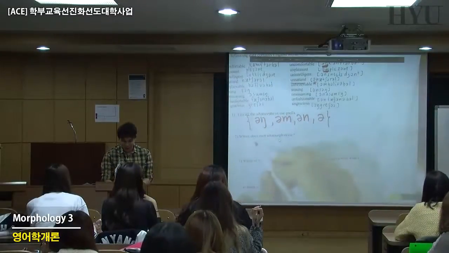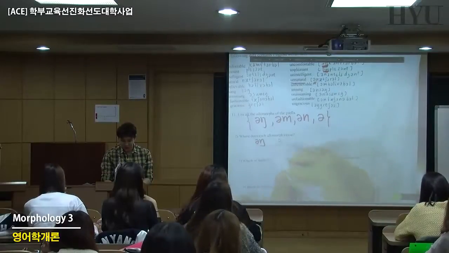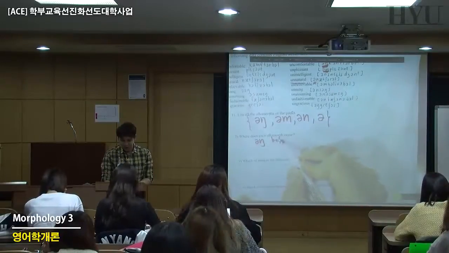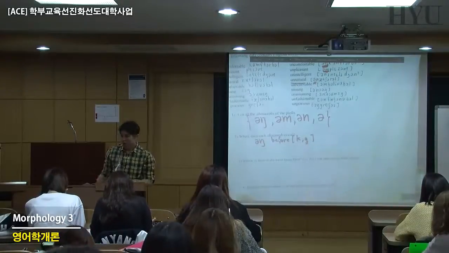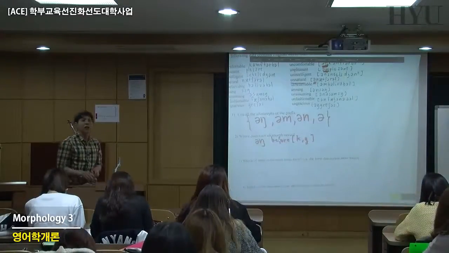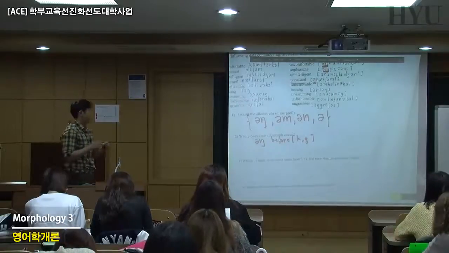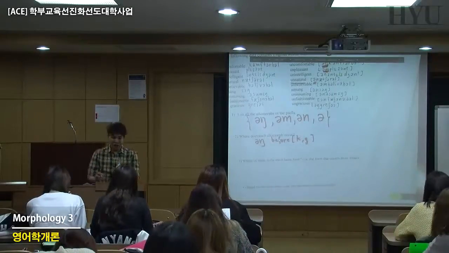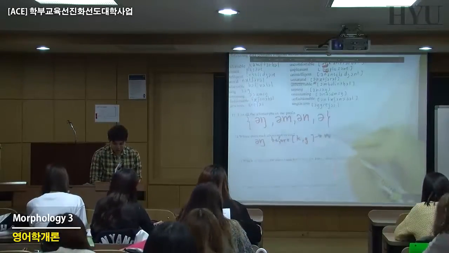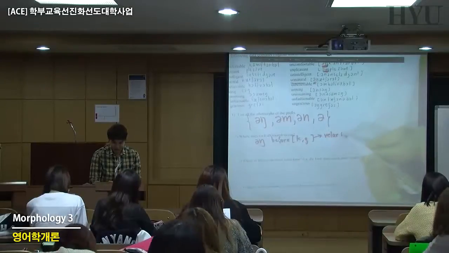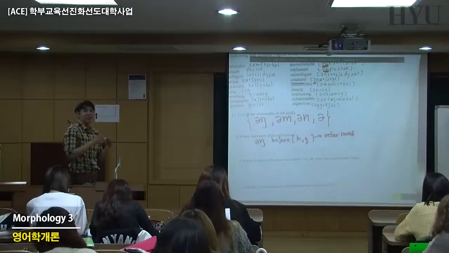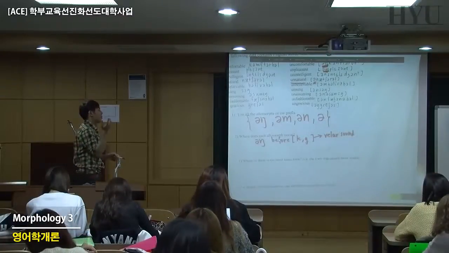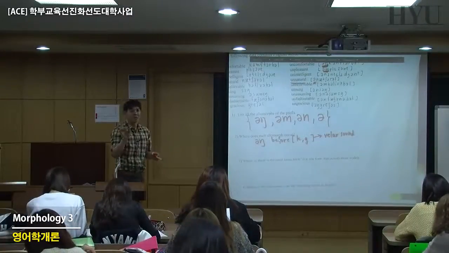So you can say un before K and G. What do you call K and G? They are velar. Before a velar sound, right? It doesn't matter if it's voiced or voiceless, because K and G are voiceless and voiced respectively.